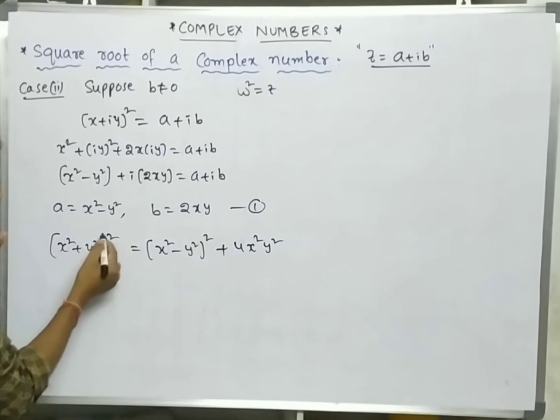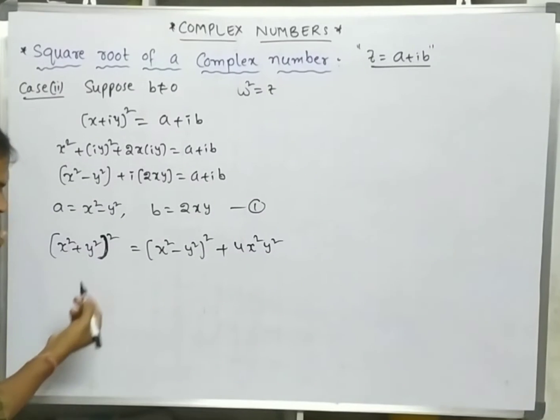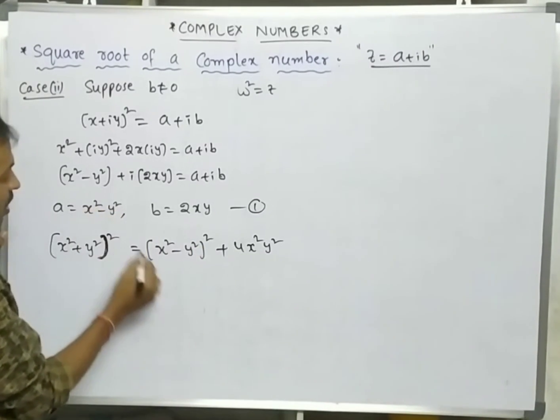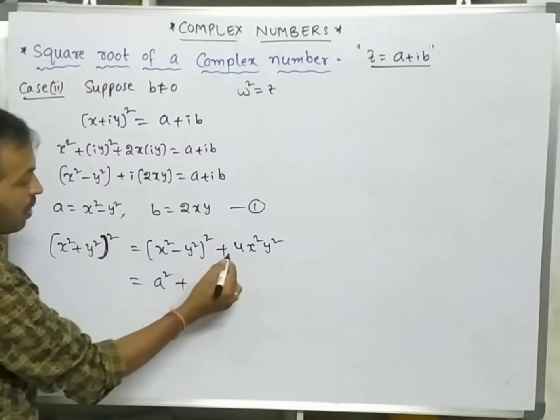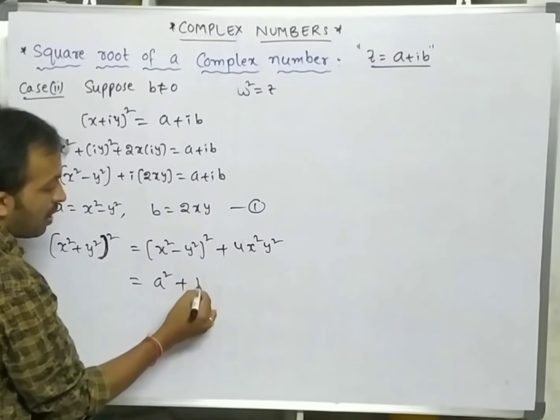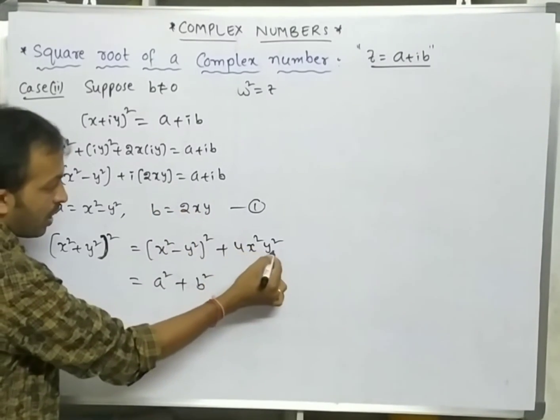So a plus b whole square is equal to a minus b whole square plus 4ab. This is the formula. Now x square minus y square whole square is nothing but a square, and 4x square y square is nothing but 2xy whole square, that means b square.